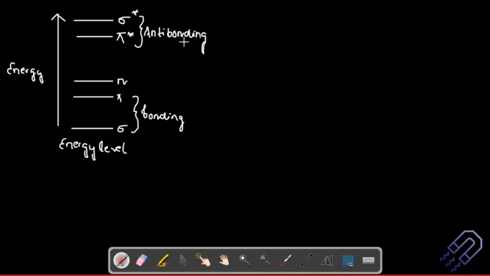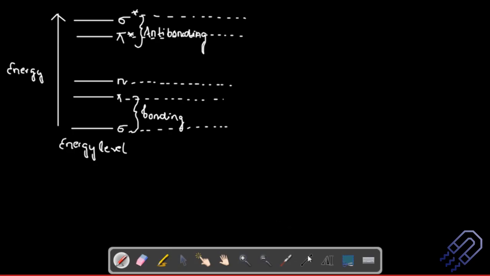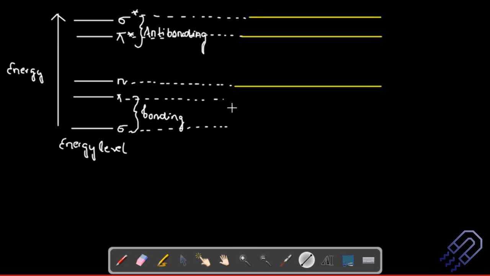Now we can look into the transitions. Once we have drawn this, maybe we can draw some transition levels on the other side, because here I cannot draw the transition, it's too crowded. So we have these levels, and maybe we can draw some straight lines here, easy for you to understand. Know what these lines represent.